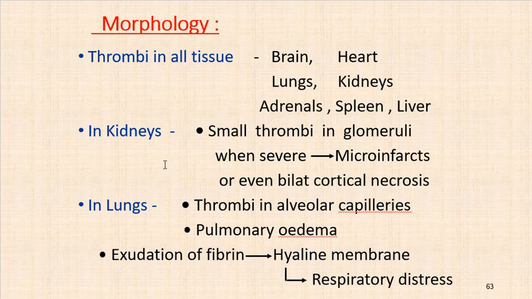In the kidneys, there are small thrombi in the glomeruli, and when the condition is very severe, it leads to microinfarcts in the kidney, or even bilateral cortical necrosis can occur.